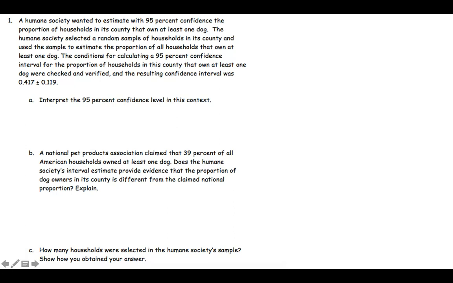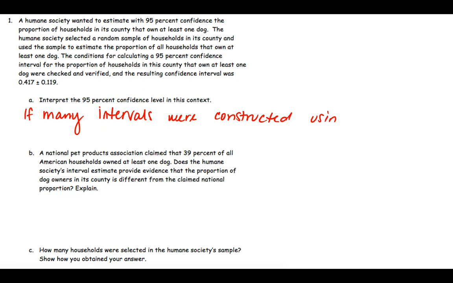So here in this first question, for part A, where you're talking about the confidence level, this is where you're talking about the long run success rate. So I would say something like, if many intervals were constructed using this method, about 95% of them are going to capture the true parameter.